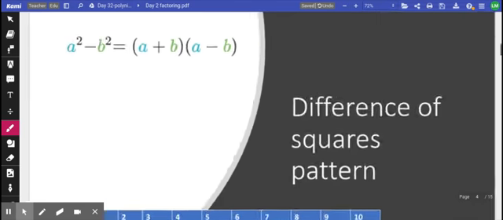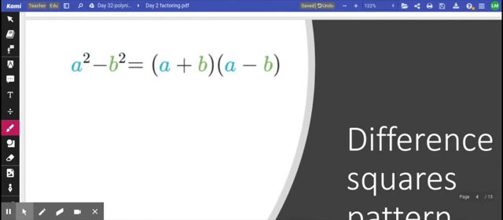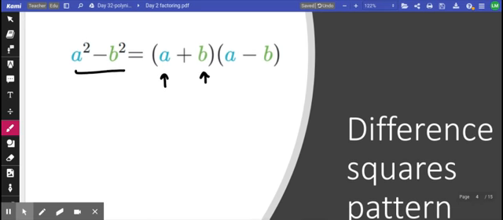We have a pattern that looks like this, a squared minus b squared. And if we have the unfactored form of a squared minus b squared, we can factor it by doing a plus b, a minus b, okay? Different signs. You should notice a is just the square root of the first term, and b is just the square root of the second term. All right. Difference of squares.